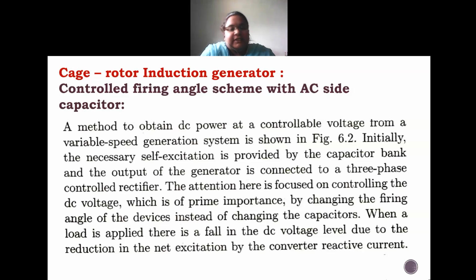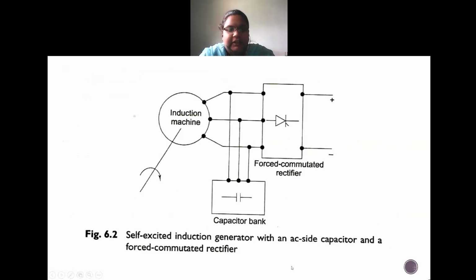So here it is giving us a brief description of what is what. A method to obtain DC power at a controllable voltage from a variable speed generation system is shown in figure 6.2. Here he is giving us this total diagram, a generalized diagram. We have a force-commutated rectifier connected to an induction machine as well as a capacitor bank.